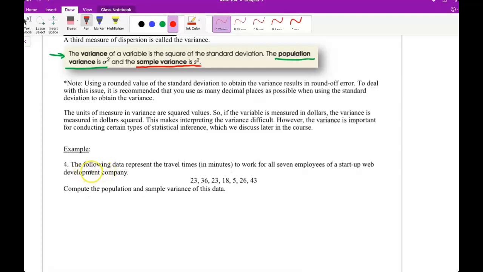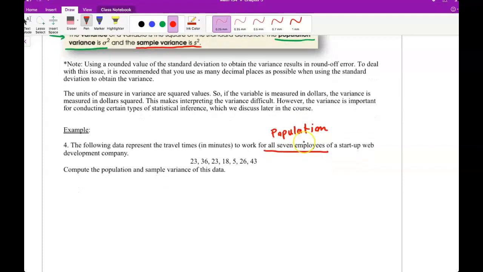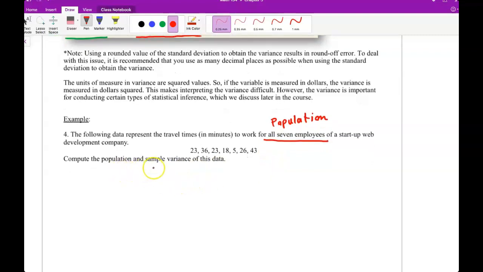Okay, so here example number 4, we have exactly the same data. Again, we have all 7 employees. We already know that this was population because we have all 7. Compute the population and sample variance of this workplace.